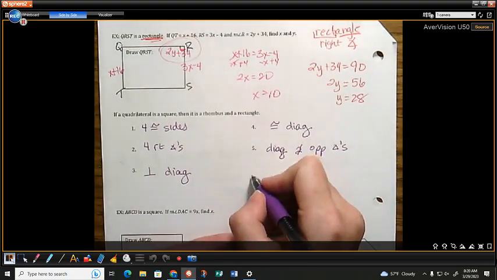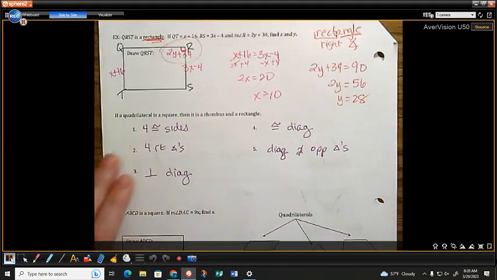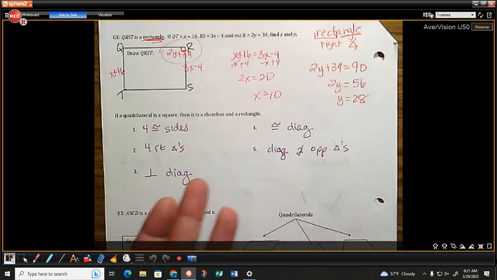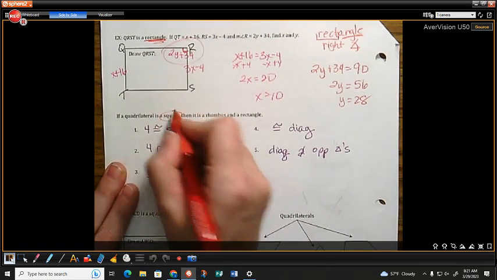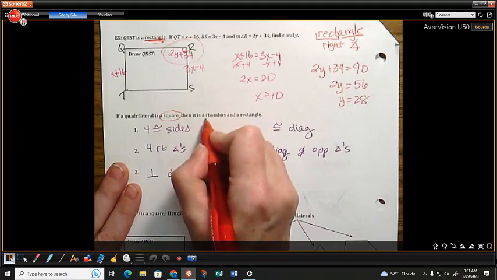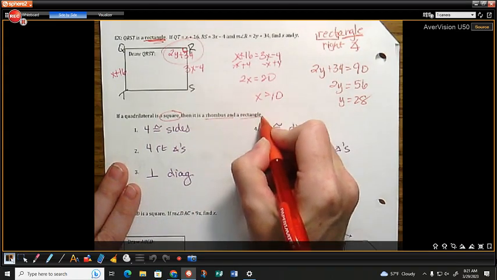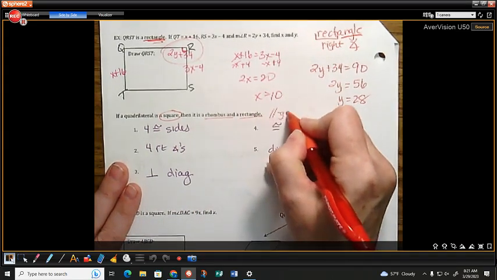Should we keep going? Should we put a number 6 and a 7 and an 8? That's a lot. Do you want to have to learn that many implied statements for squares? No. So instead, what we do is we say, okay, if a quadrilateral is a square, that means it's a rhombus and a rectangle and a parallelogram.